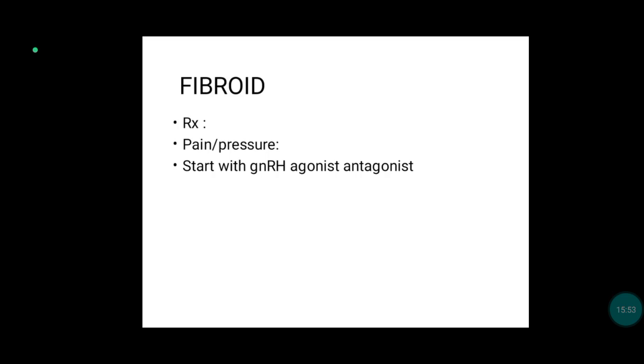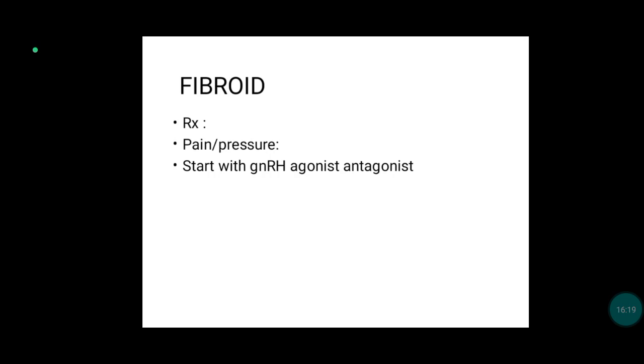The other symptom the patient can present with will be pain, pressure, etc. If the patient has pressure due to fibroid and wants to conceive, then we can do myomectomy. If the patient does not want to conceive, then we can give GnRH agonist or antagonist to decrease the size of the fibroid.